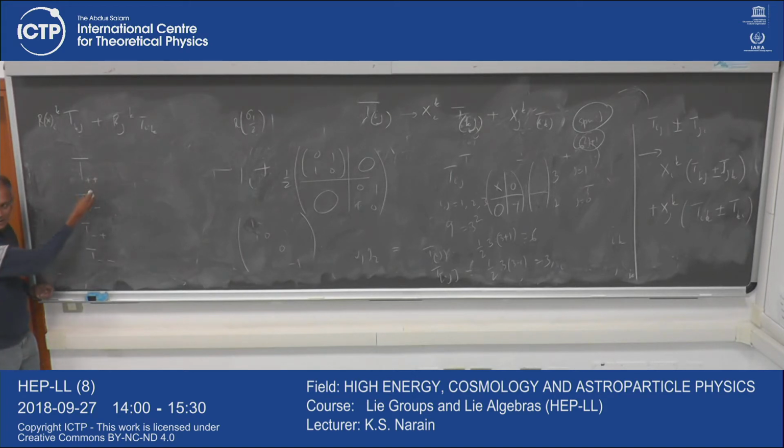I don't want to write a half, otherwise it becomes very messy. And when I write minus, I mean minus half. So the first means both indices correspond to plus half, plus half. This one corresponds to plus half, minus half, then minus half, plus half, and minus half, minus half.